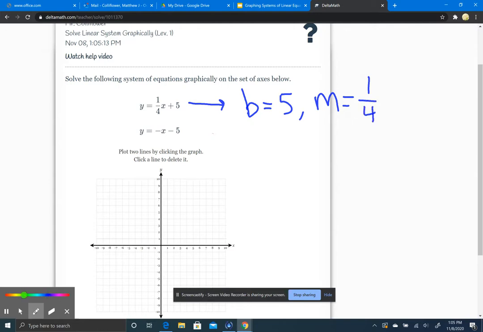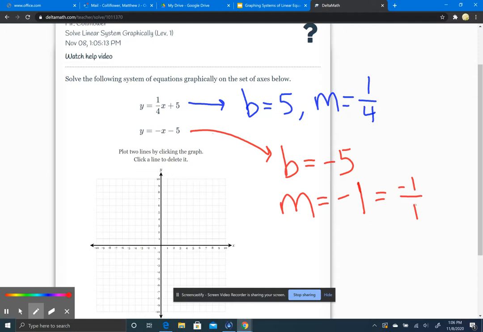For my second line, I know that my y-intercept b is -5, and my slope is -1, which can be written as -1 over 1.